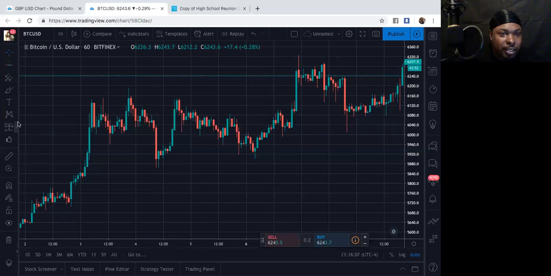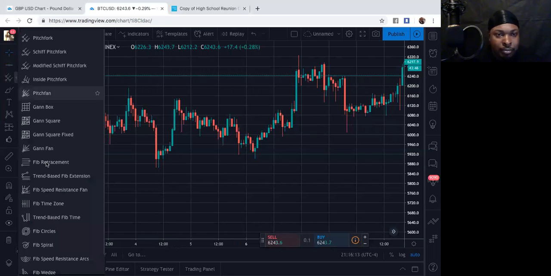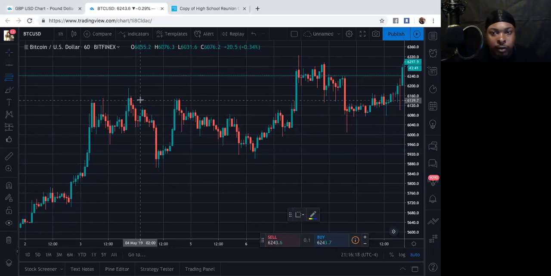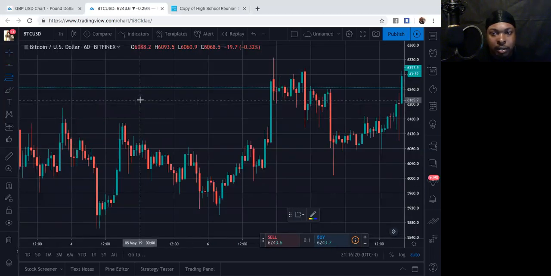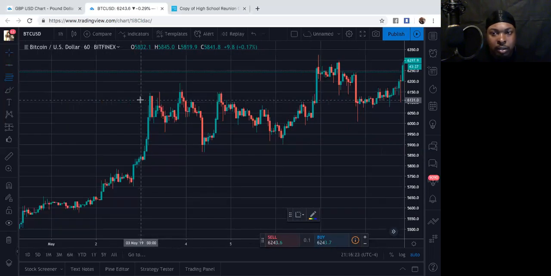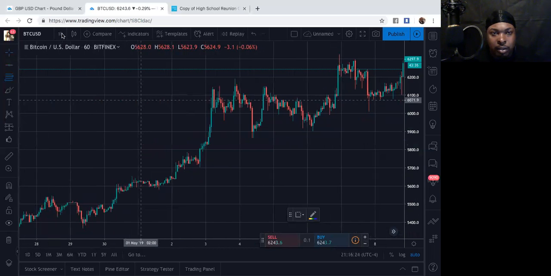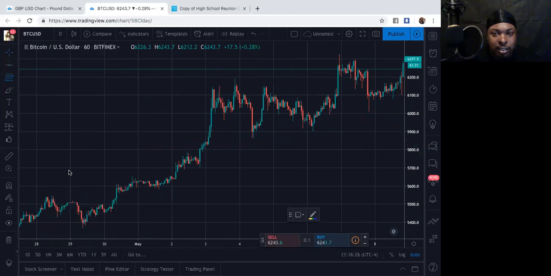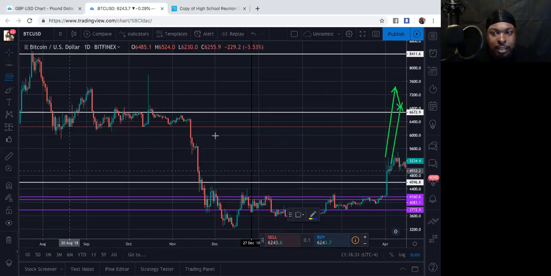Let me take my fibs out. Let me see where my fibs are. Okay. Is this the hour chart? Nah, I need a daily chart. I'm going to look at the day by day.